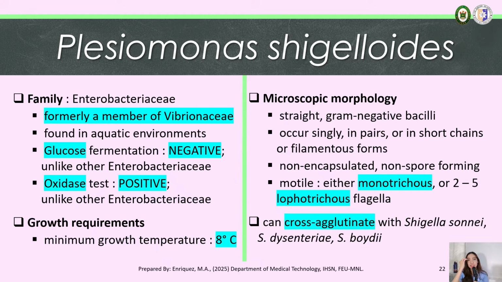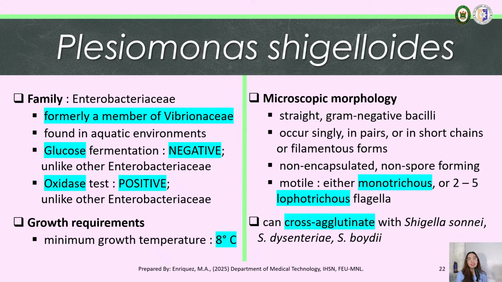Now, Plesiomonas shigelloides is a straight gram-negative bacilli, which is not encapsulated and non-spore forming, and it's also motile. So all of those descriptions are similar with all the other Enterobacterales members. They may occur singly or in pairs or sometimes in short chains or filaments, all right?